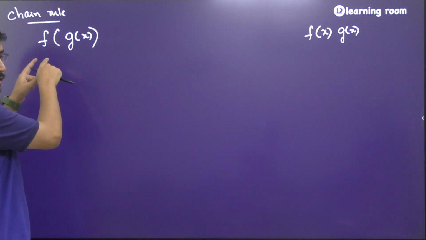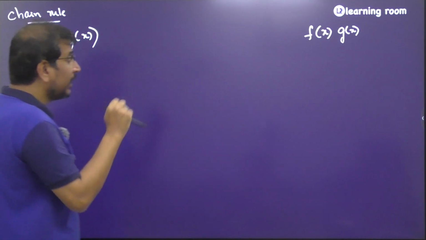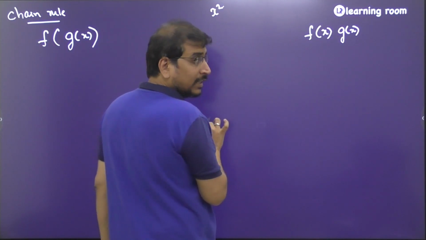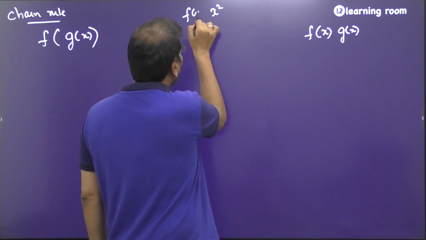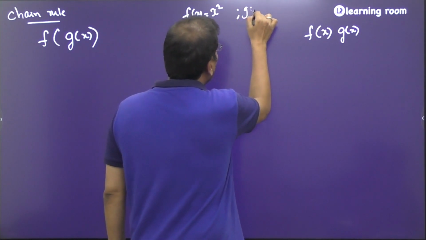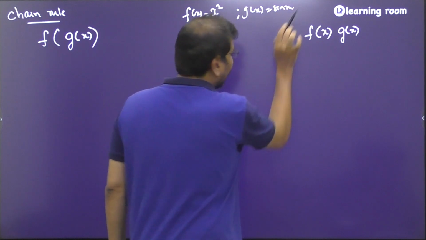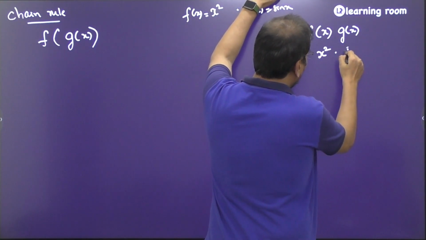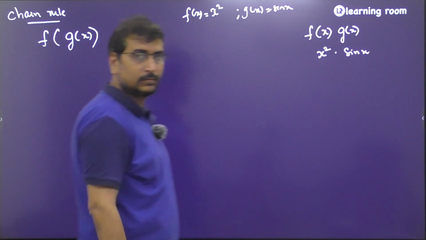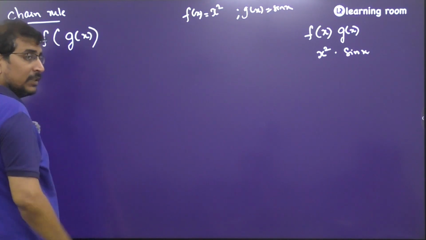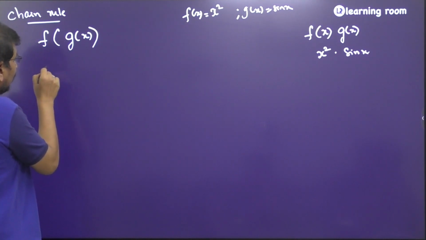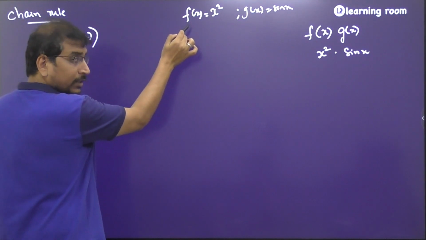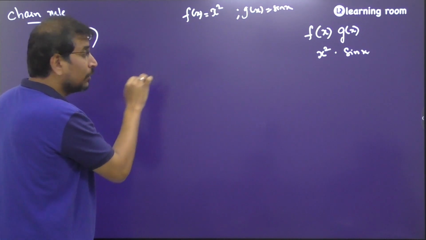Whereas here what you have is f of g of x, meaning if suppose I have x square as one function, which I call f of x, and g of x as sin x. The meaning of this statement is x square into sin x. Whereas the meaning of this statement is f of g of x. So wherever x is there in f, I need to replace it with g of x.